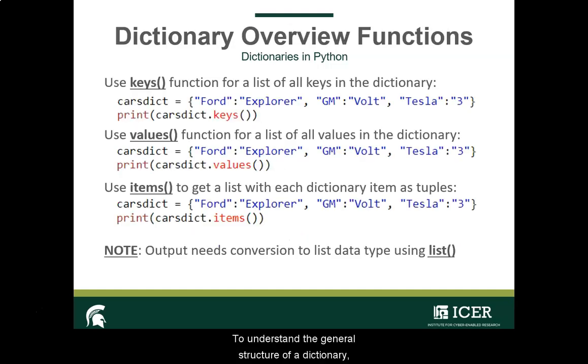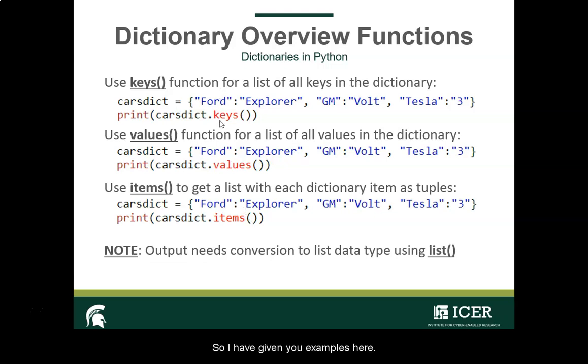To understand the general structure of a dictionary, there are three functions that are useful. Use the keys function to get a list of all the keys in a dictionary. The values function will return a list of all the values in the dictionary. And the items function will get you a list with each dictionary item as a tuple.